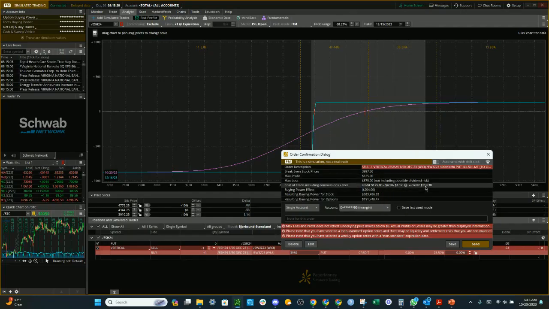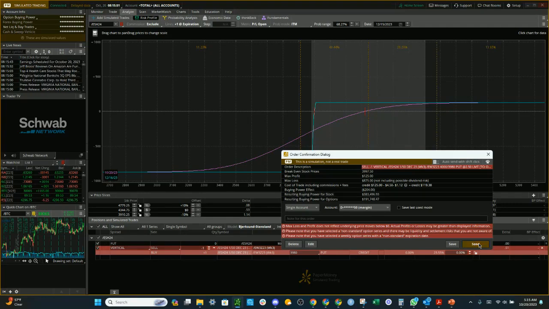This is our take-home money right now. We put down $204 to get this trade going. Your buying power for stock is reduced by this number. Your remaining buying power for options is also reduced by this. Maybe we can discuss this later.